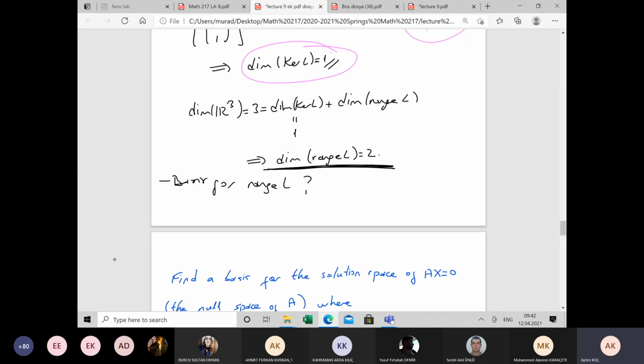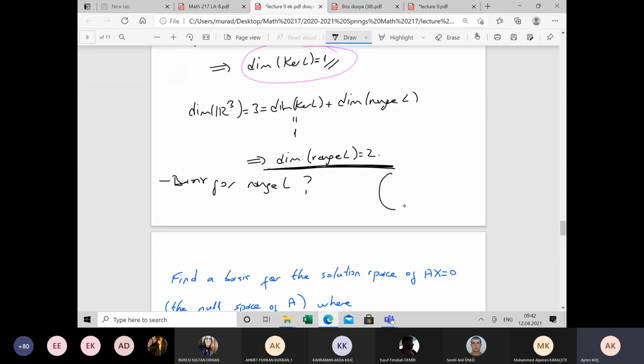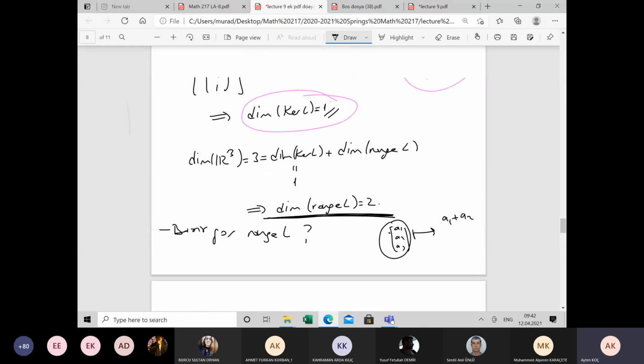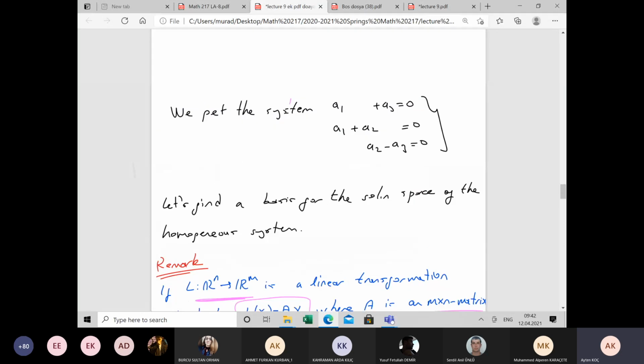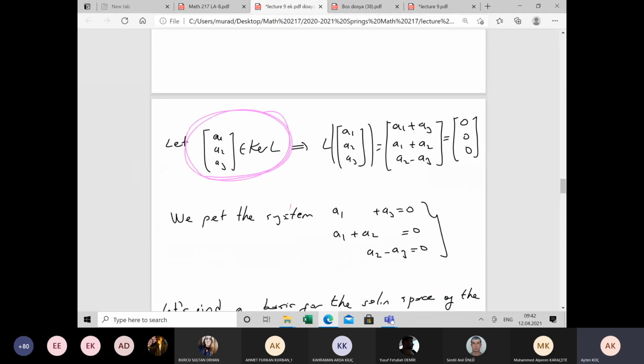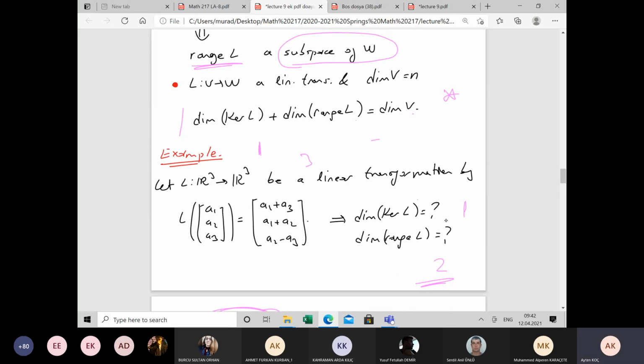What is the range? Let's take an arbitrary vector a sub 1, a sub 2, a sub 3, and look at the image under this rule L. L of V is this one.